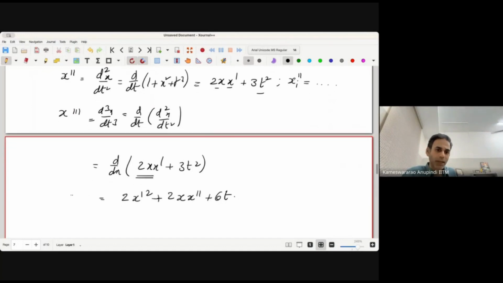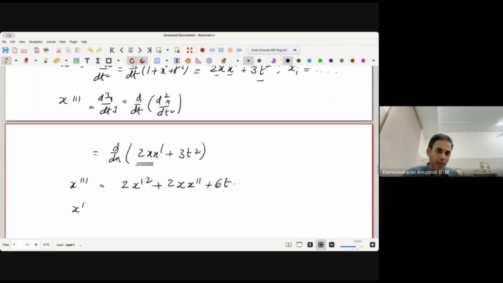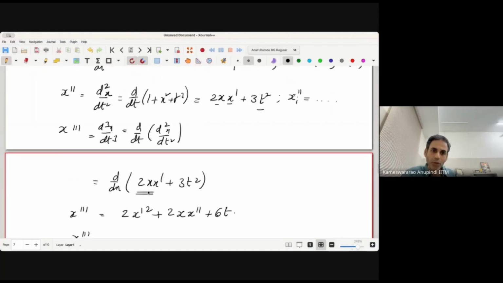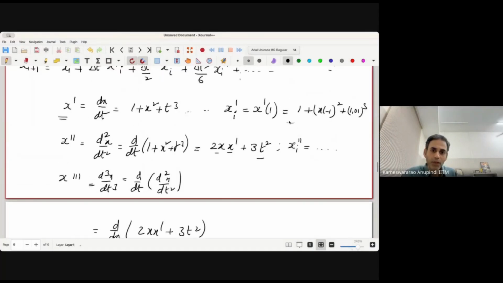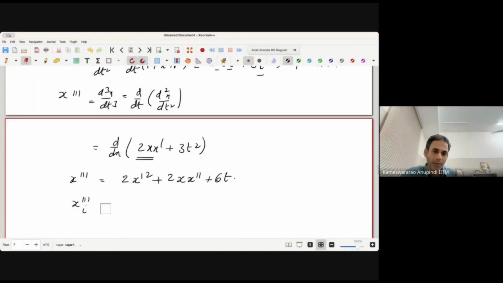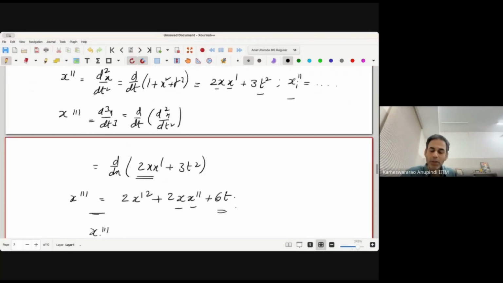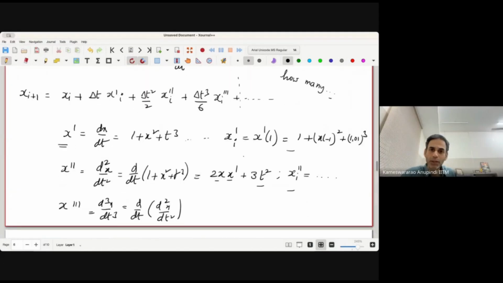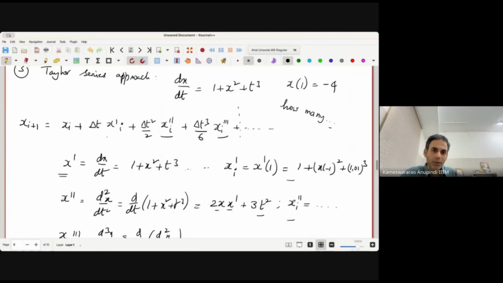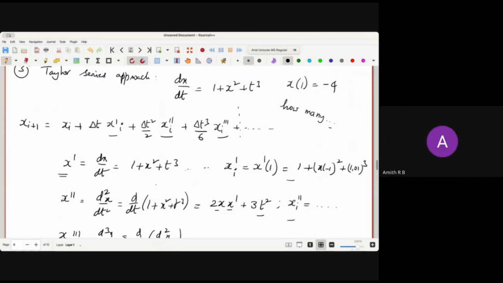Then x triple prime can be evaluated at i. That is 2 times x prime square, so you need to put the x prime value you got here and square it. I'm not writing this out. So you can evaluate x triple prime of i, and similarly x of 1 and x double prime of 1, which you would get here, and then t is going to be 1. So you can plug in all those values. Once you have all these values calculated from what we discussed, go ahead.